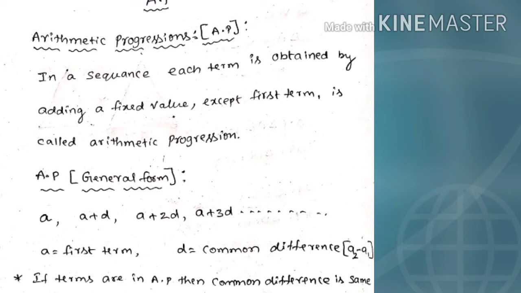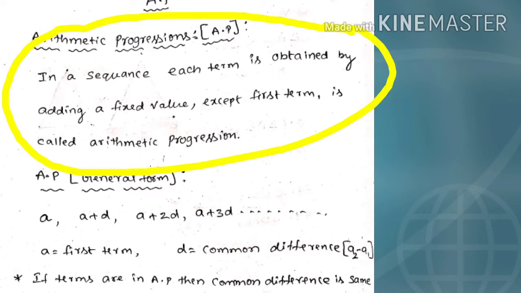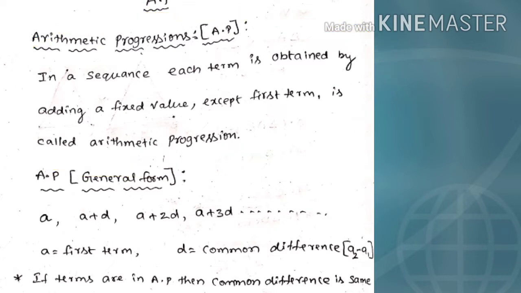Arithmetic progression. In a sequence, each term is obtained by adding a fixed value except the first term is called an arithmetic progression. Each term is obtained by adding a fixed value, so the common difference will be the same. Now the terms in AP are a, a plus d, a plus 2d, a plus 3d and so on.